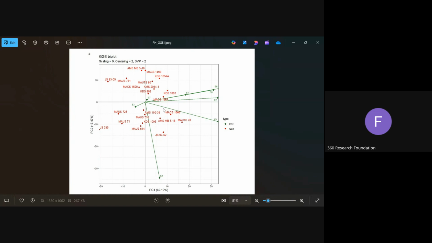And when we see all 8 environments, we can see E4. E4 wants to roam alone. It is like, you go somewhere, I don't want to be with anyone, so E4 is far away from the other vectors. Can anyone tell for what purpose we can use this E4 environment?